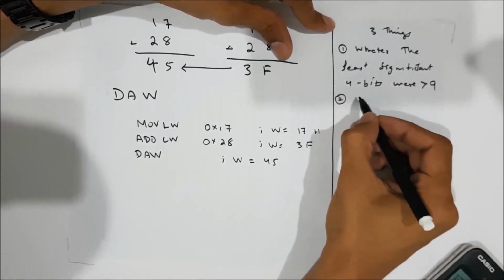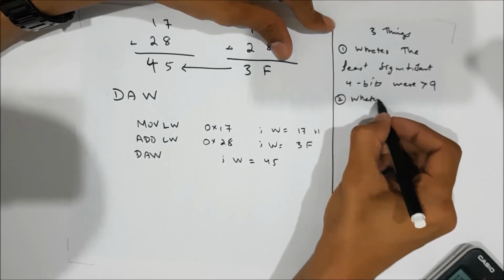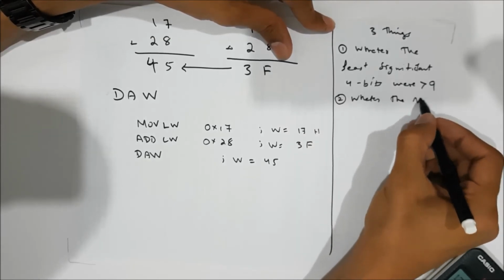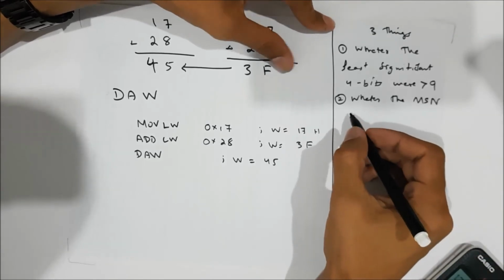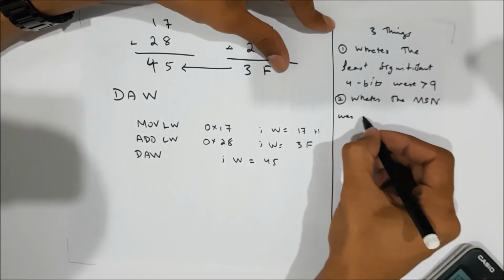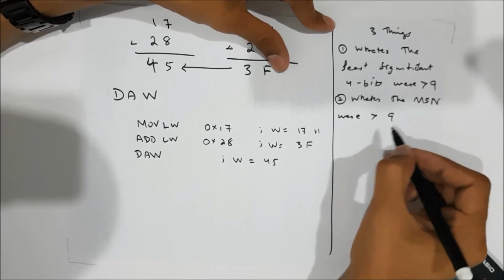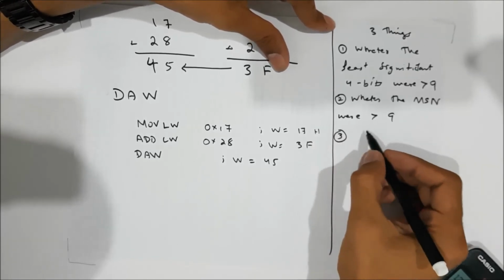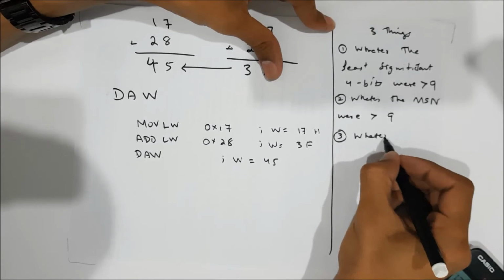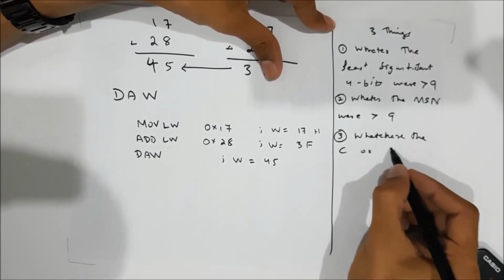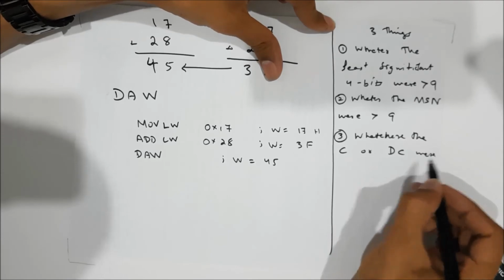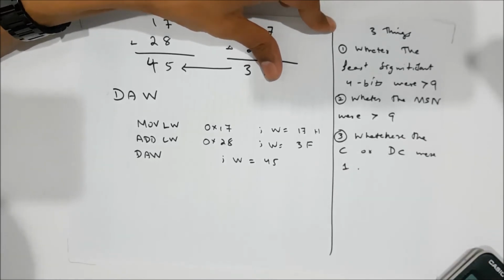It will also check whether the most significant nibble, or most significant 4 bits, were greater than 9, and it will check whether the carry or digital carry were 1.